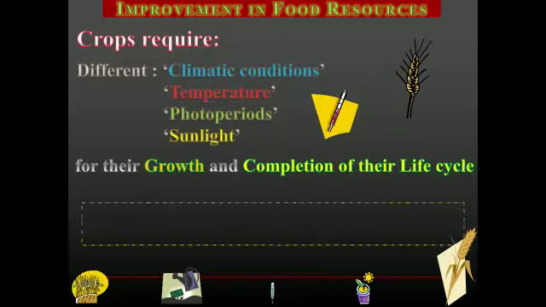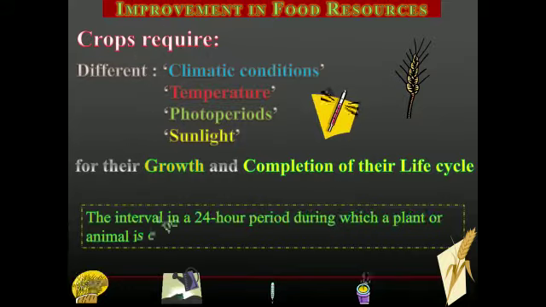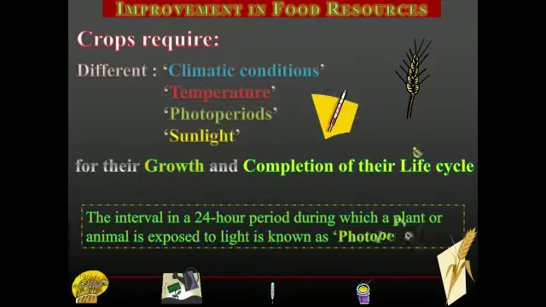I think you all have heard all these words except for photo period, and it is the interval in a 24-hour period during which a plant or animal is exposed to light.